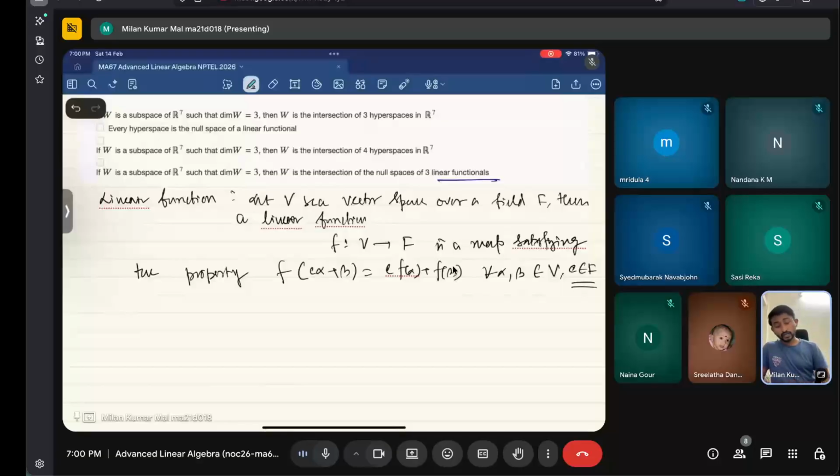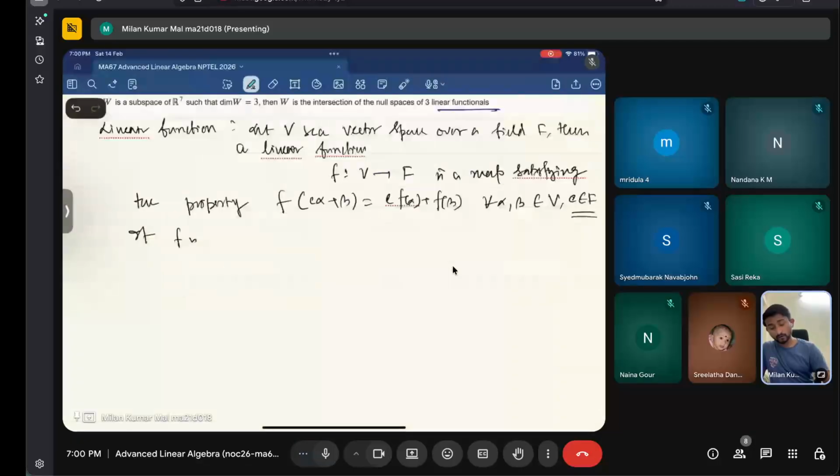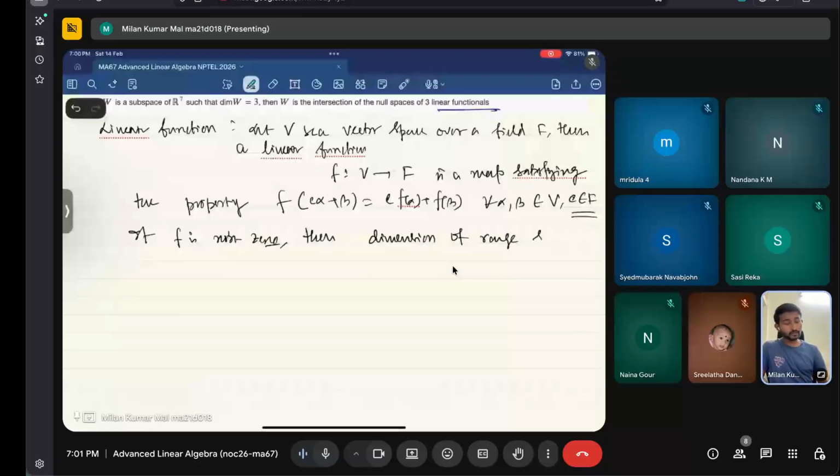Now, if f is non-zero, then the dimension of the range space of f must be at least one.